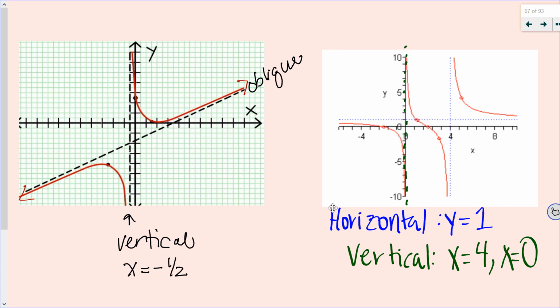So 3 branches would indicate 2 different vertical asymptotes. Again, vertical asymptotes you cannot cross. Horizontal asymptotes you can cross. Notice this middle branch is crossing the horizontal asymptote right here, but it describes the end behavior. Notice I'm hugging that horizontal asymptote as I go up to positive and negative infinity.